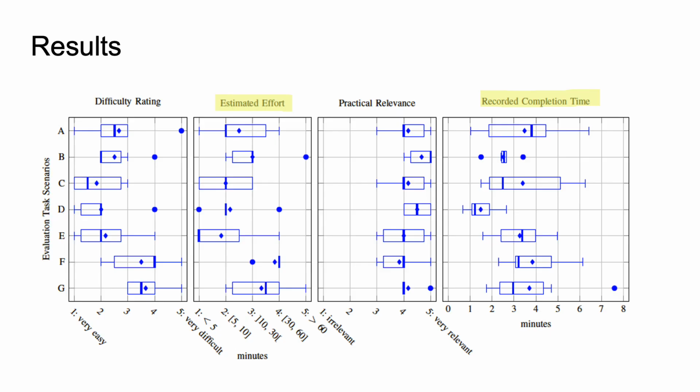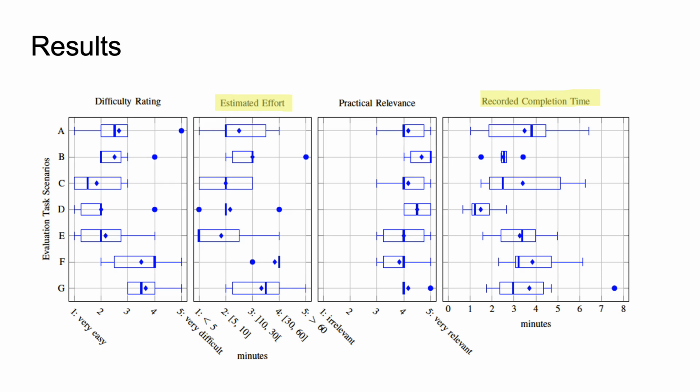If we look now at the results, we see some interesting insights. The first interesting aspect is that most of our scenarios were rated as relevant or very relevant. We can therefore assume that our scenarios are not too artificial, but represent some real-world challenges.